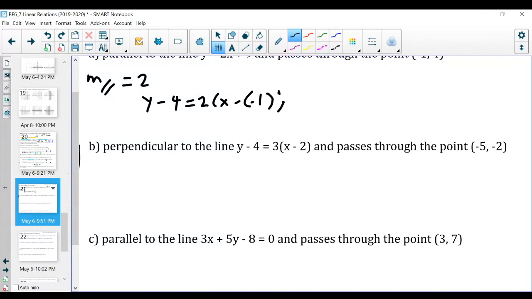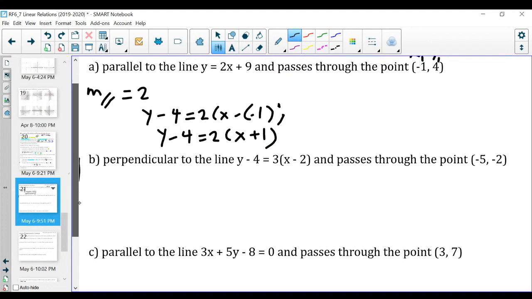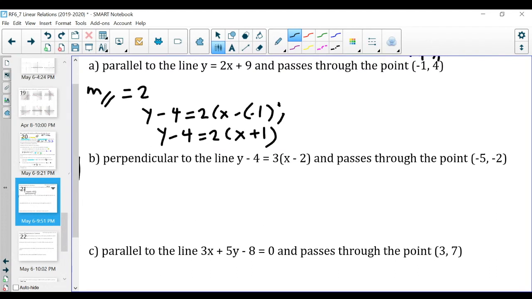So we can go and simplify. y minus 4 is equal to 2 times x plus 1. And that will be a linear equation that is going to be parallel to y is equal to 2x plus 9, and it passes through the point negative 1, 4.